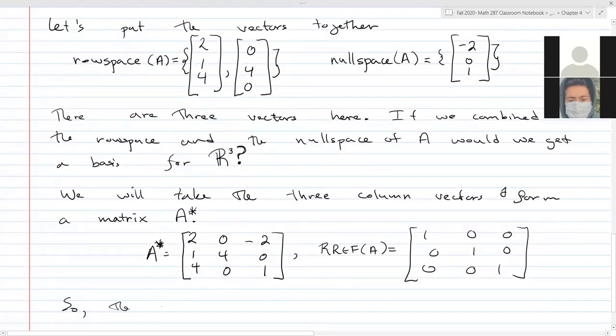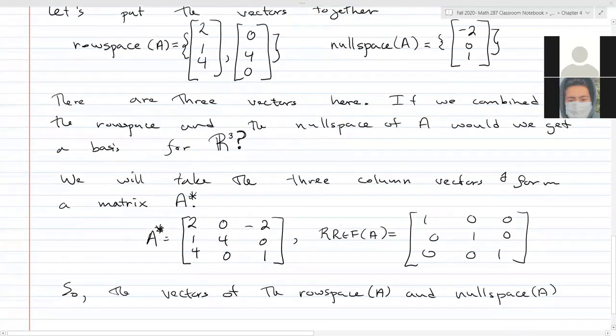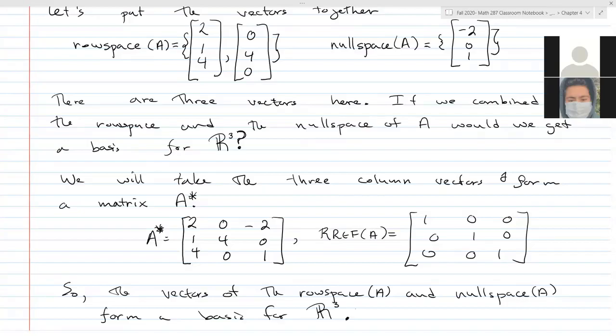So the vectors of the row space of A and null space of A form a basis for R3. That's going to be really handy when we talk about rank nullity.